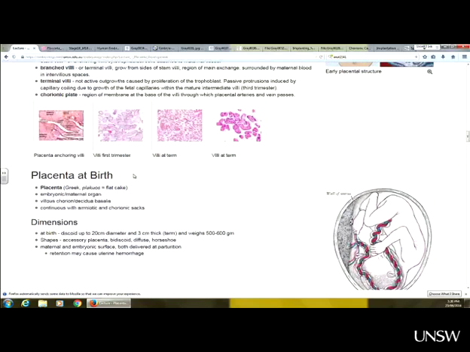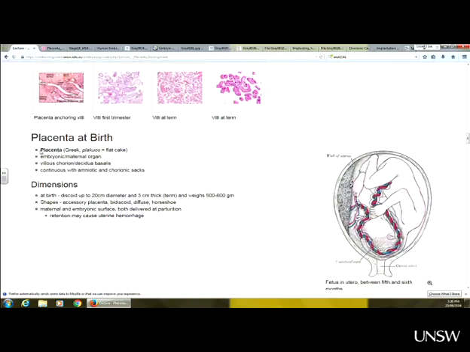The placenta itself, the structure that forms, is a specialised organ of placental animals. Placenta means cake, from the Greek word for cake, and I'll show you in the lab this week a wet specimen. It looks like a cake. It's 3 centimetres or more thick, and reasonably large at term.